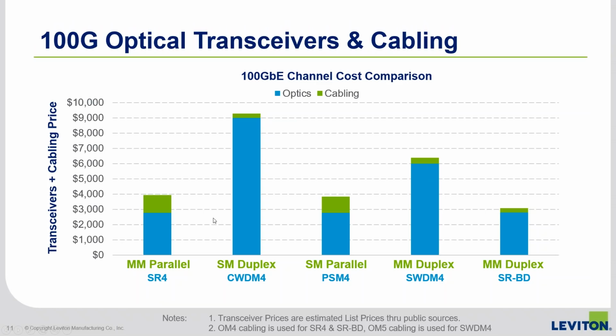What this includes is 2 transceivers, one on either end, and the fiber cabling that's part of that. That could be either single mode or multi-mode, or a 2 fiber channel or an 8 fiber channel. Some of the things we see right away, obviously the CWDM4, which is single mode duplex, is the highest total cost.